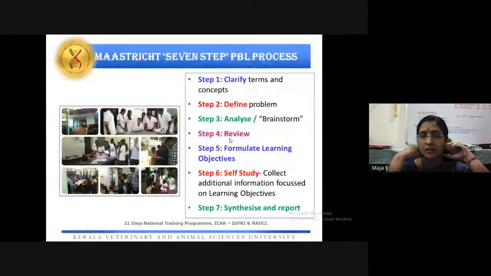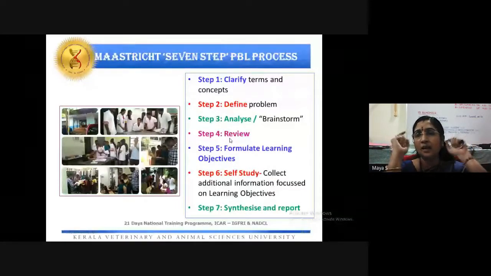The 7 steps will be: first, to clarify the unfamiliar terms. Say, for example, in that hydrocephalus case, the seizures, etc. we use. So, unfamiliar terms used in that particular problem. So, first step for the student is to go through that particular problem and to get clarified the unfamiliar terms in that particular problem given by the teacher.